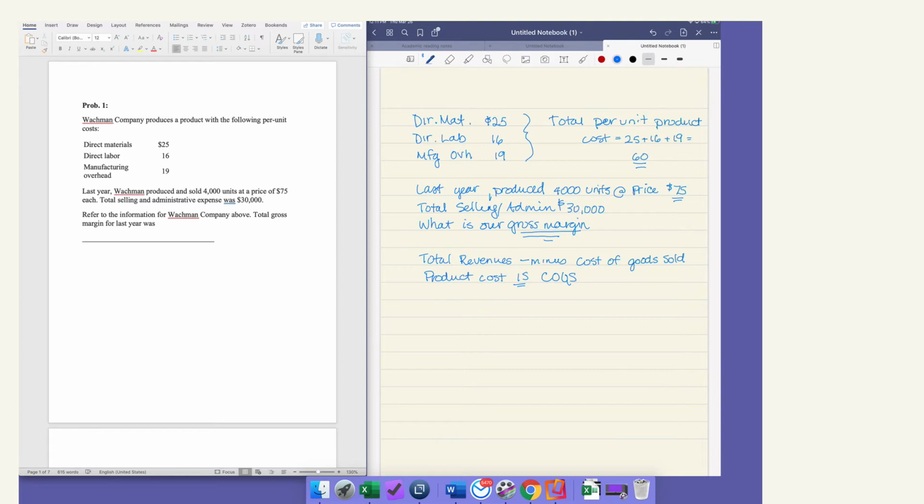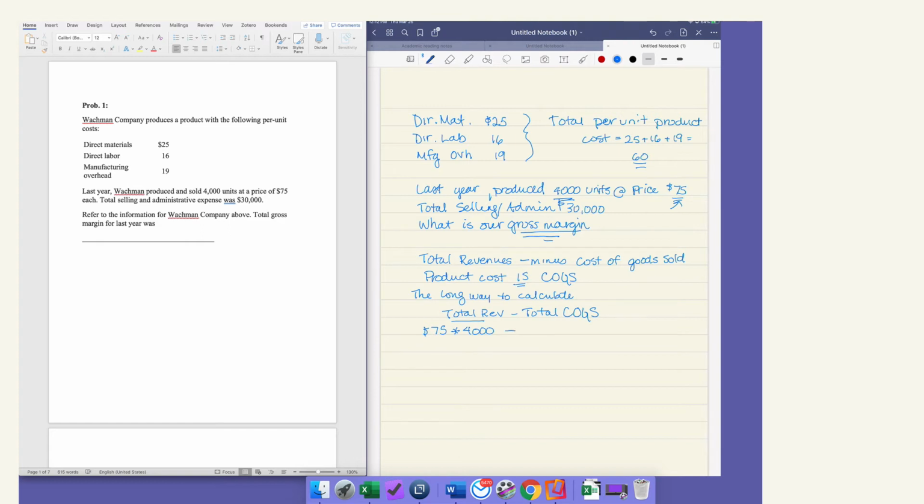So the long way to calculate our total revenue: our total revenue is $75, which is the price, times 4,000 units.